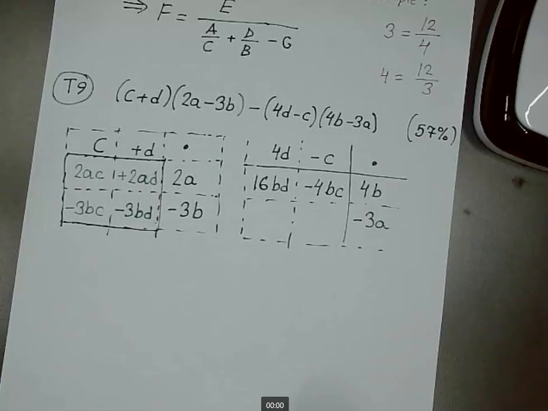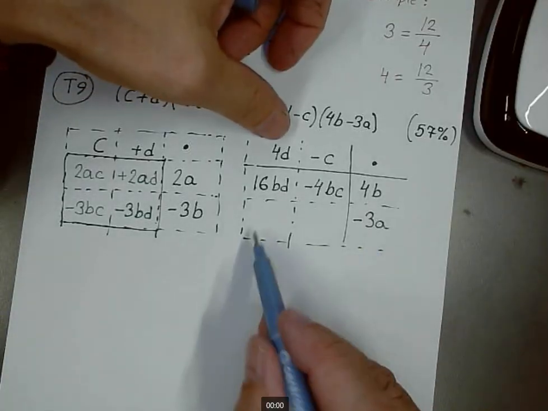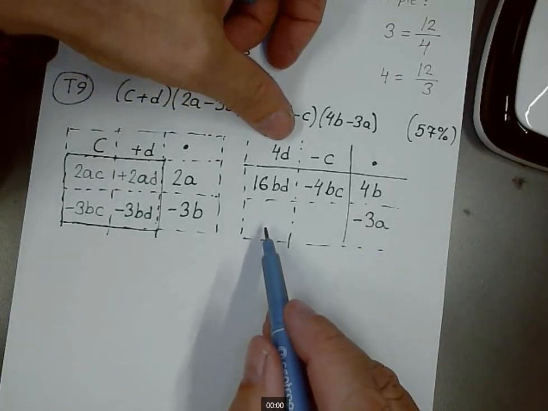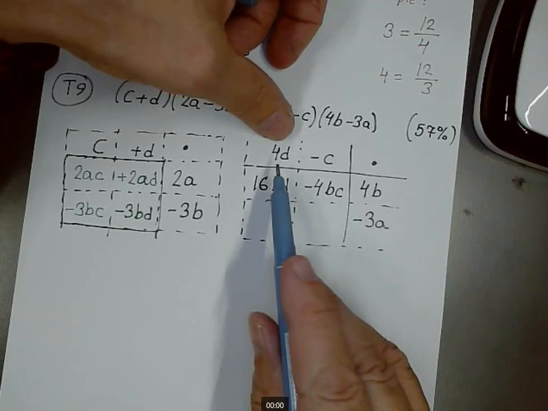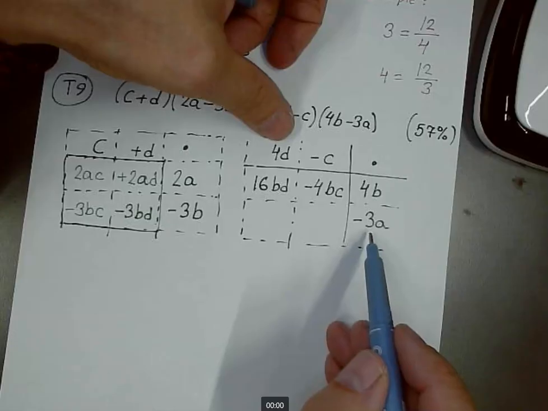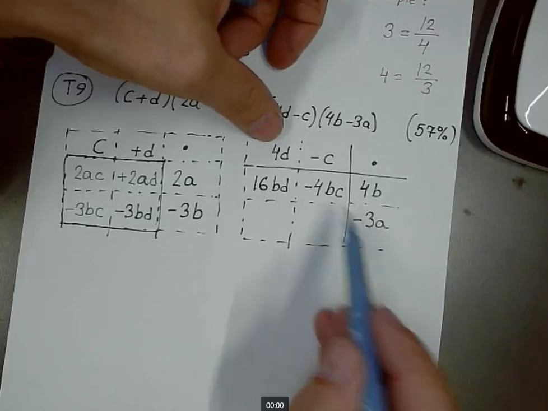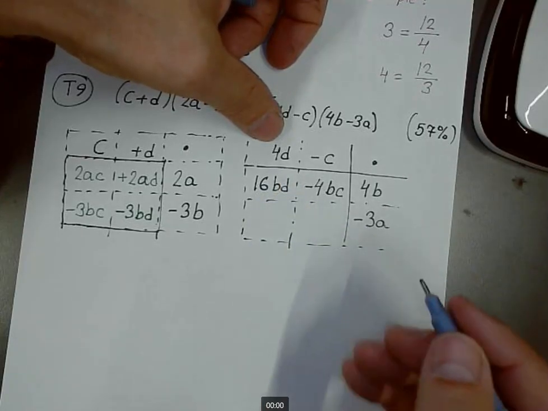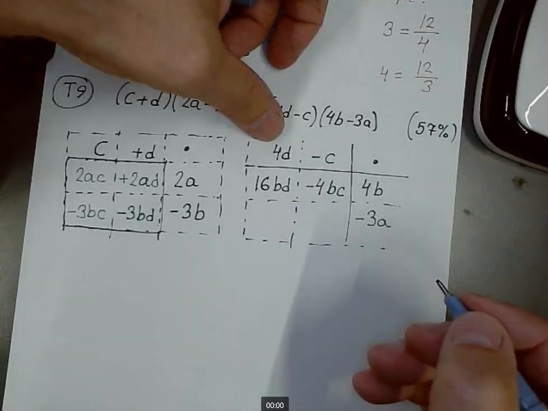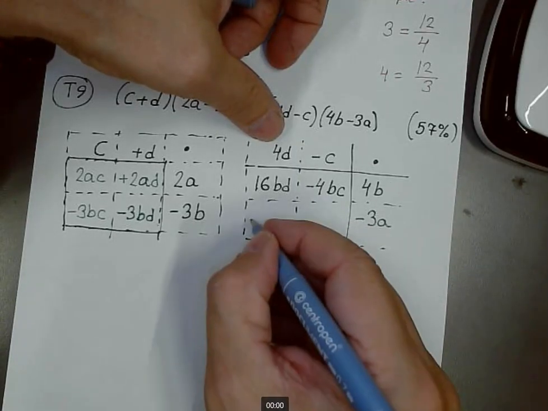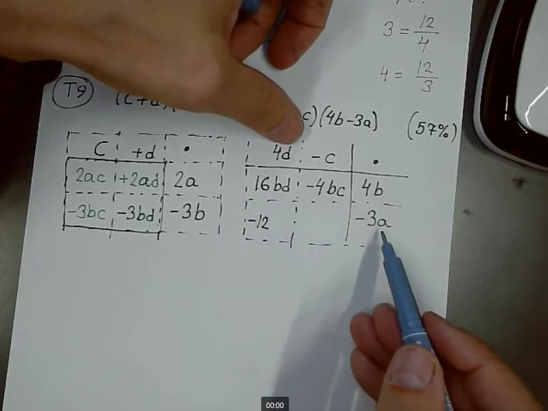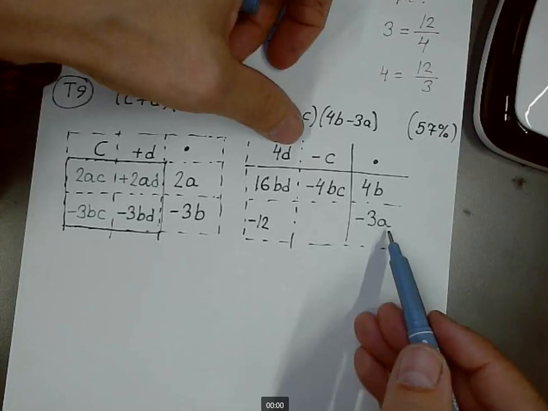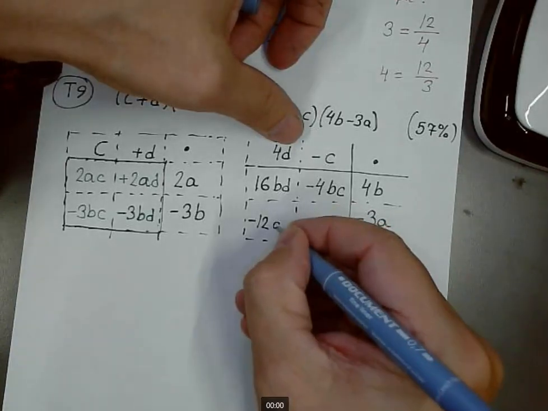And the next row we have 4d times minus 3a. There is 4 times minus 3. There will be minus, and 4 times 3 is 12. So there will be minus 12, and then letters DA or AD.